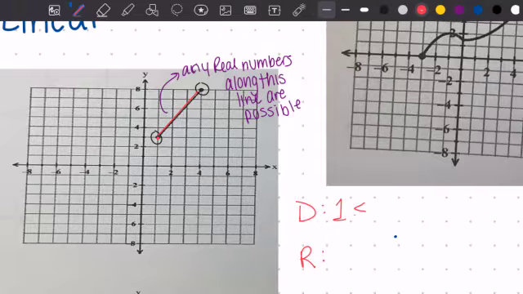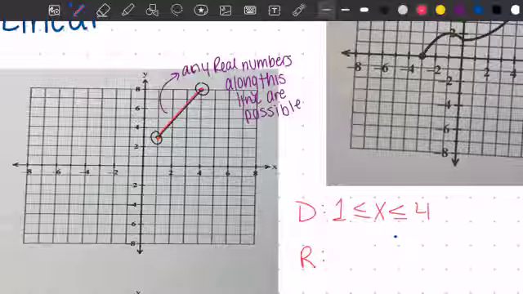We include this less than or equal to sign, then write x, and then write our largest number, which is 4 in this case, with another less than or equal to sign. What this says is that our x is between or equal to 1 and 4.